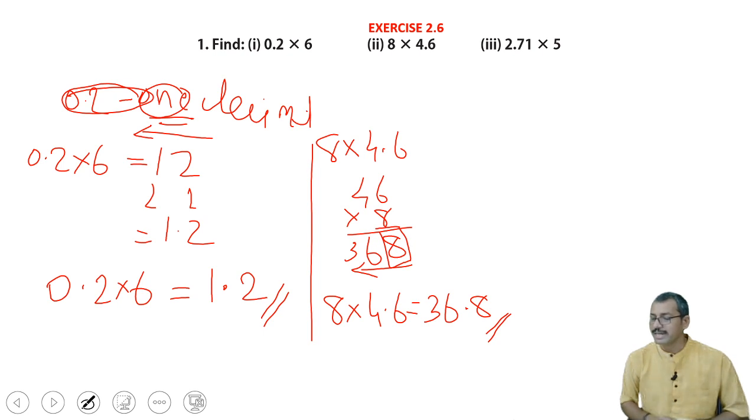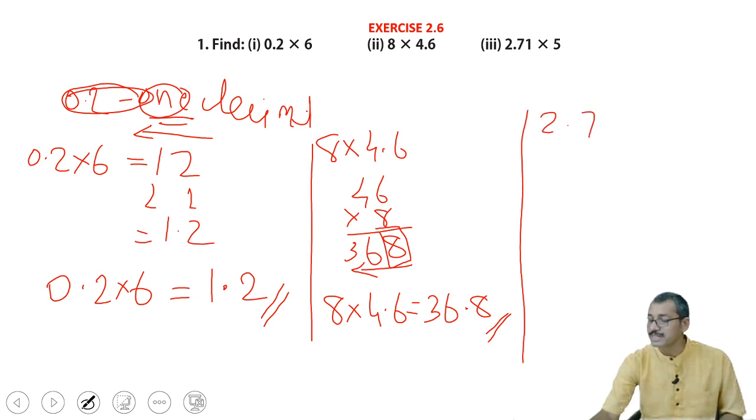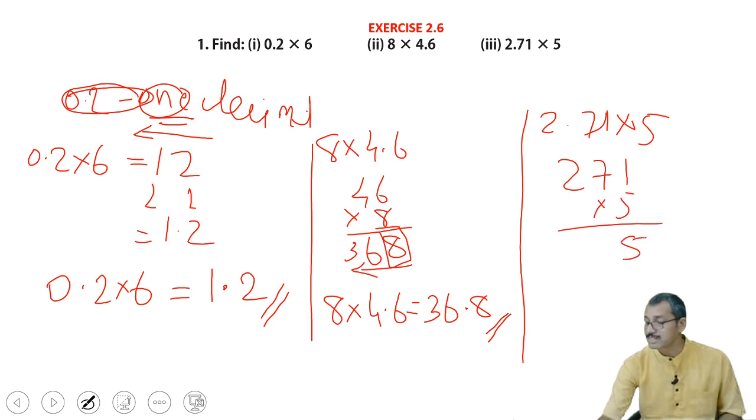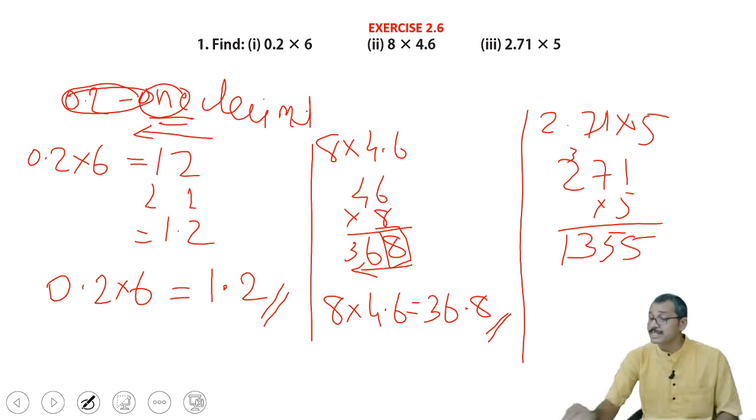Easy? Now the next one also, let's see. The third one is 2.71 into 5. First you have to multiply 271 into 5. 5 ones are 5, 5 sevens are 35, then 10, 13. Now how many decimal places are there?